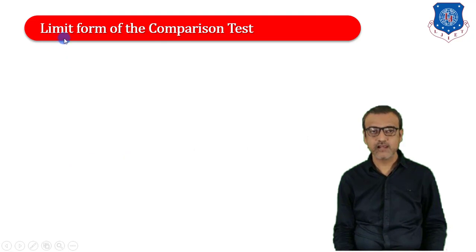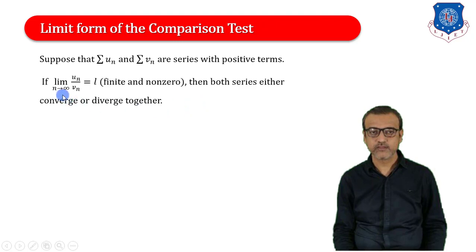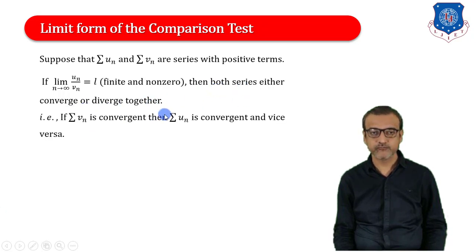Now we will see the limit form of the comparison test. Suppose that sigma un and sigma vn are series with positive terms. If the limit as n tends to infinity of un upon vn equals L, where L is a finite and non-zero value, then both series either converge or diverge together.